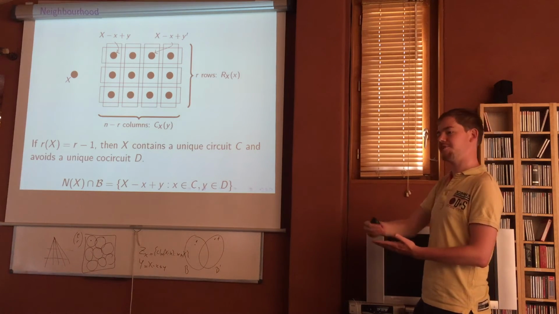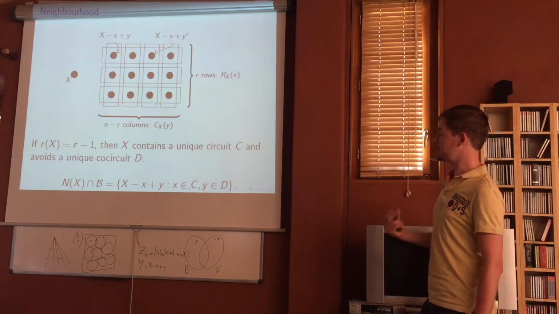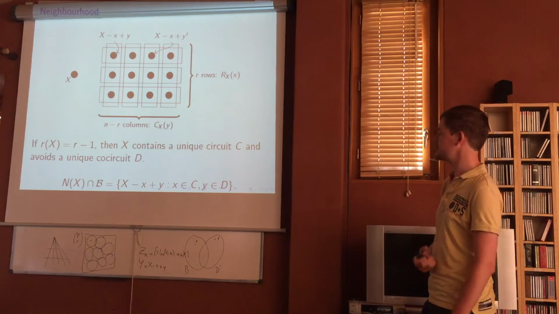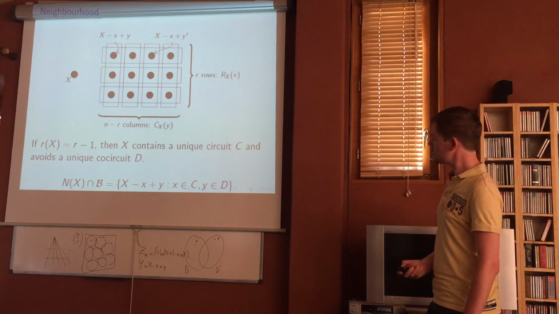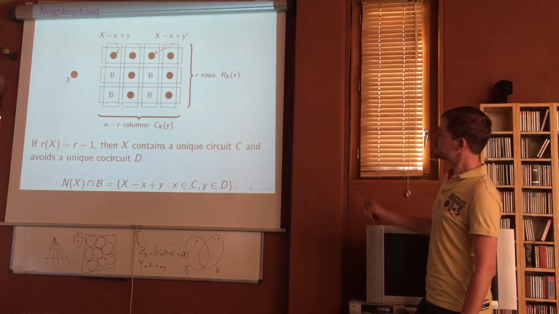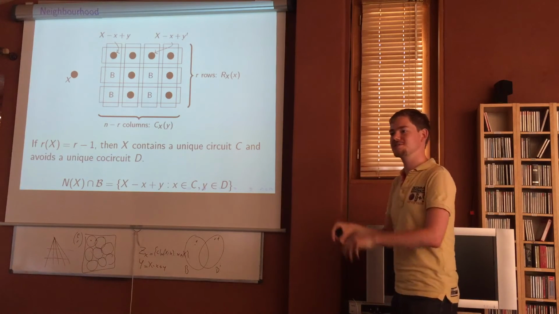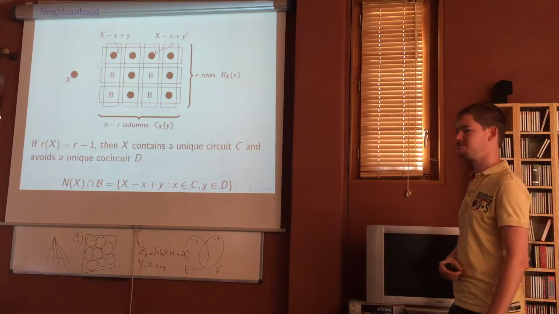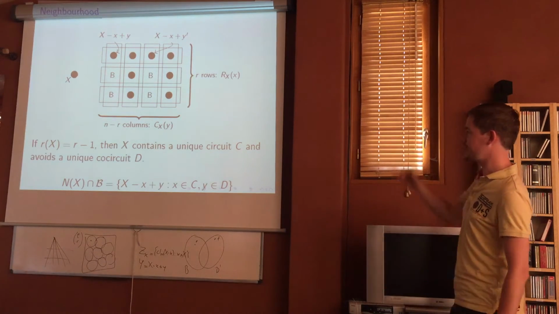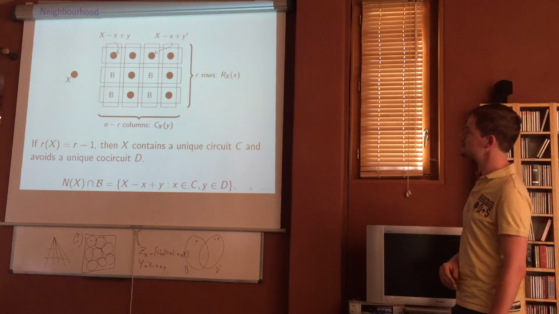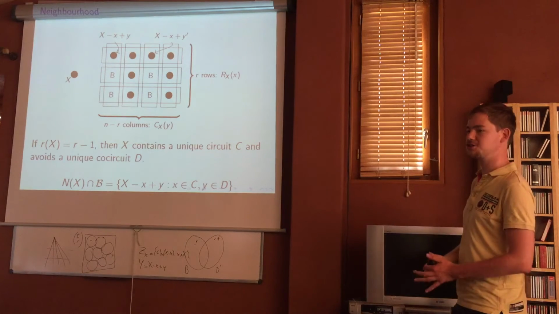We need to add something from the co-circuit in order to extend the hyperplane in which it lives. That gives this kind of structure in the neighborhood, kind of a minor, you could call it, in the matrix sense. So you kick out a number of rows and columns, and what you're left with are the bases. So it's always this kind of block structure.